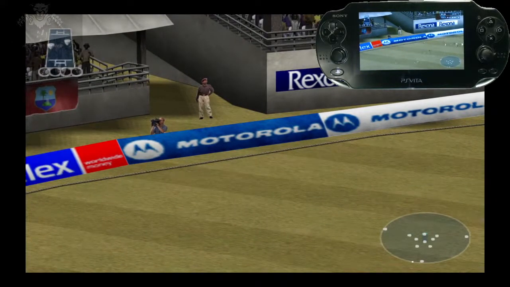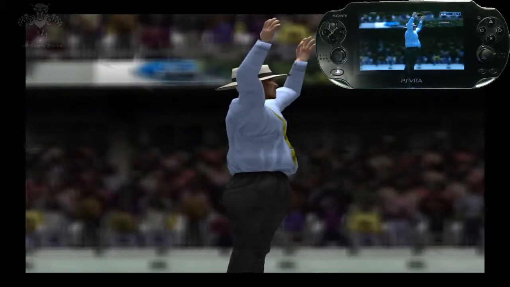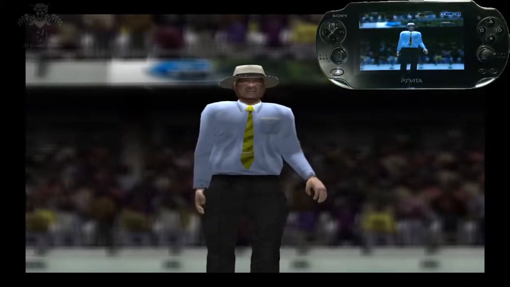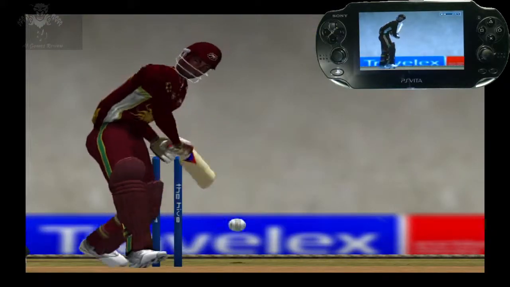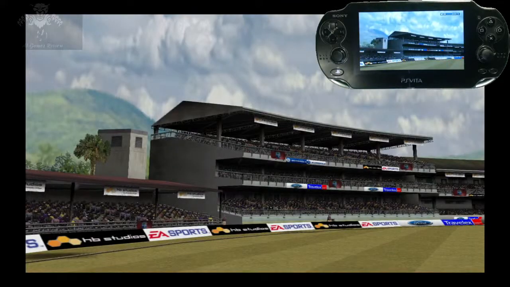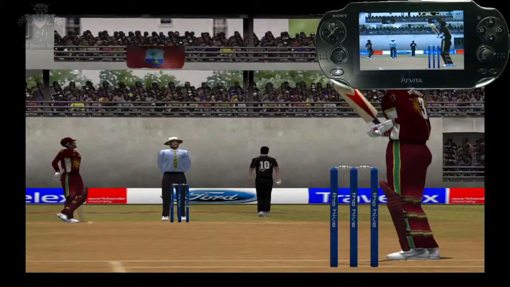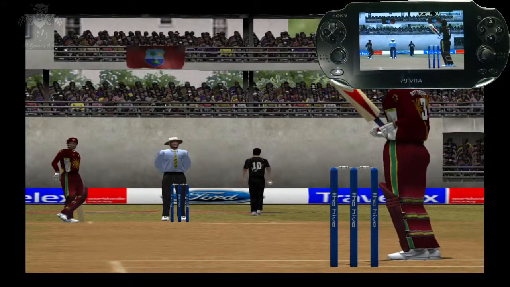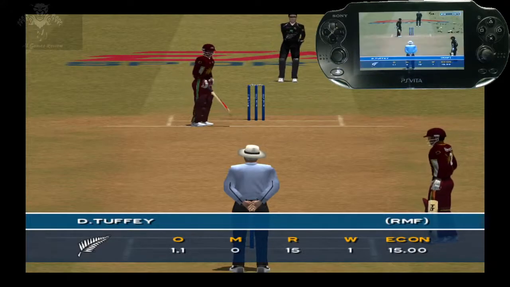The bowler won't like that one little bit. Tuffy continues.